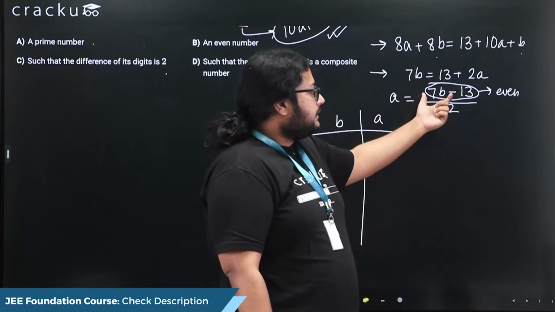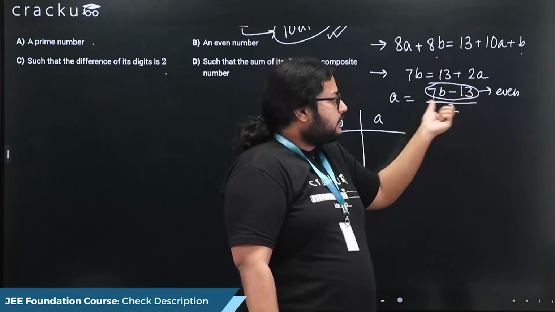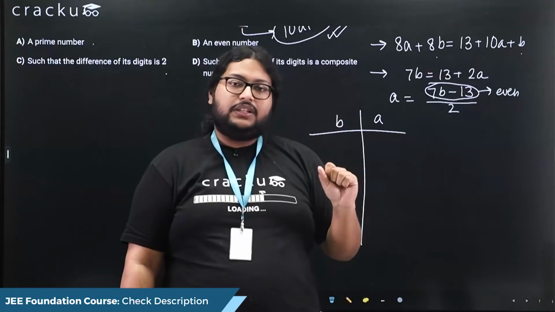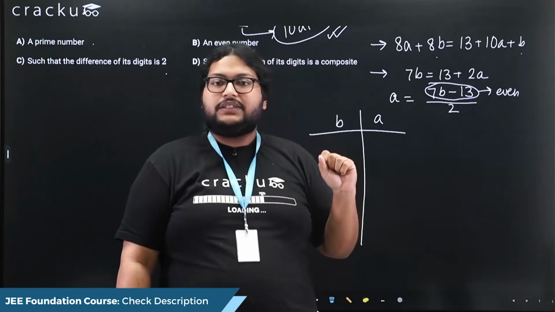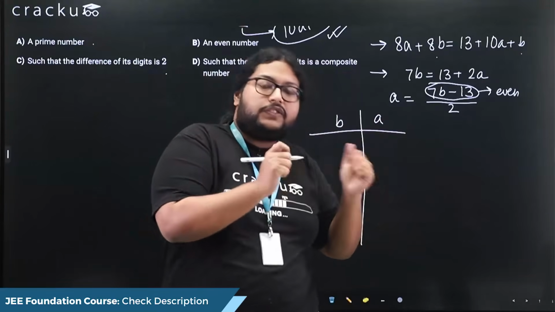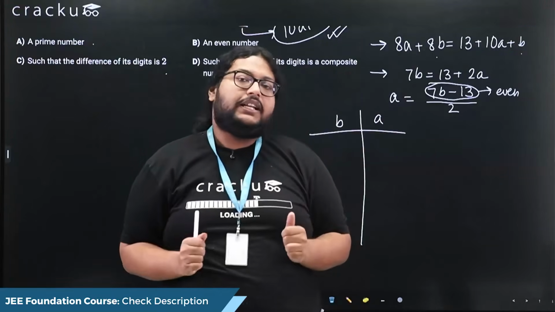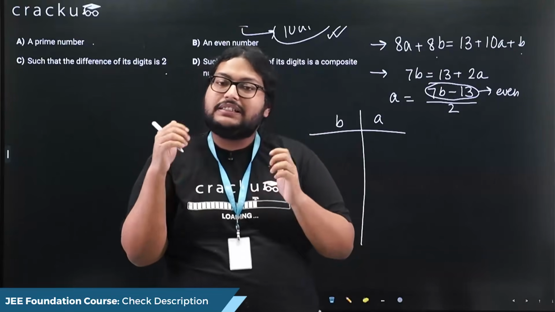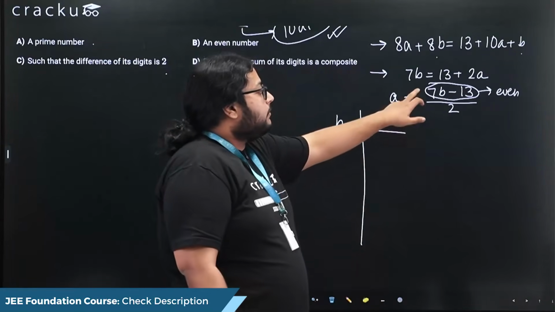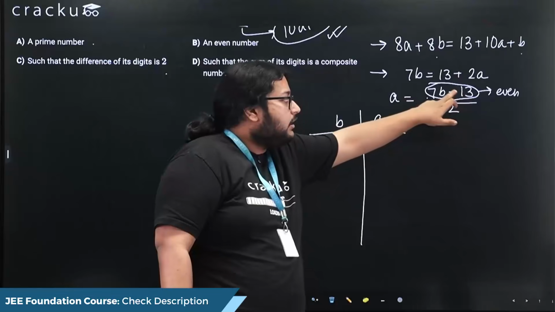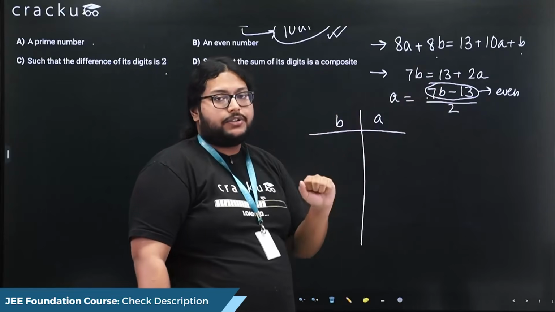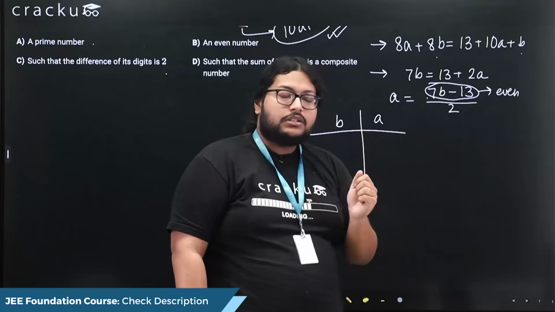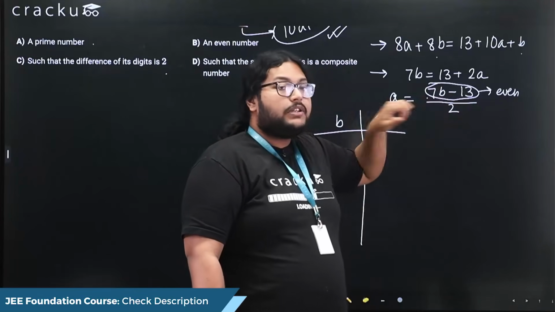Now, this number is basically the difference of two numbers. So when is the difference of two numbers even? The difference of two numbers is even only when both of them are odd or both of them are even. If one is odd and one is even, then the difference is odd. So because 13 is odd, 7B also has to be odd. And 7B has to be odd means B has to be odd.